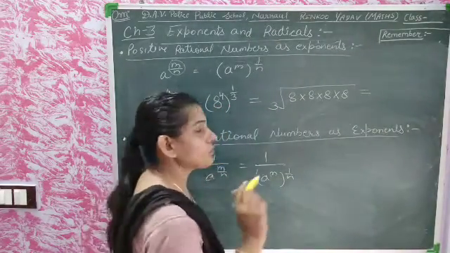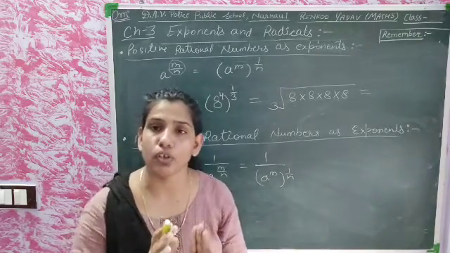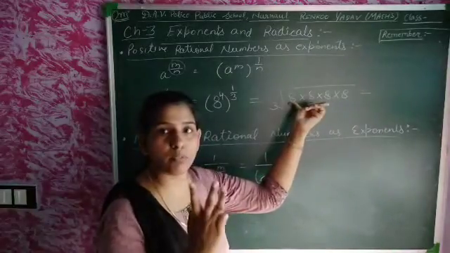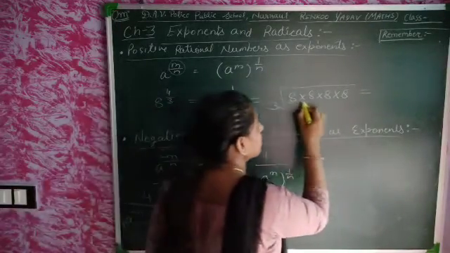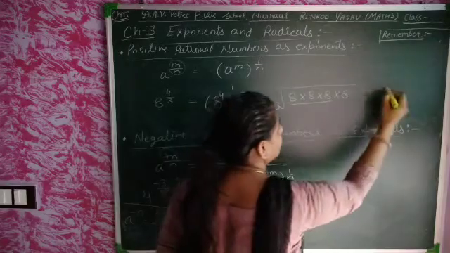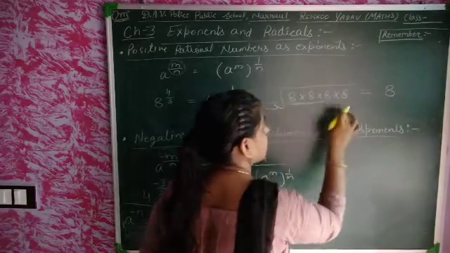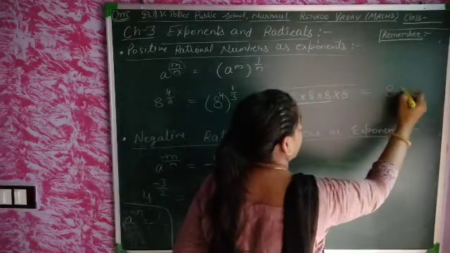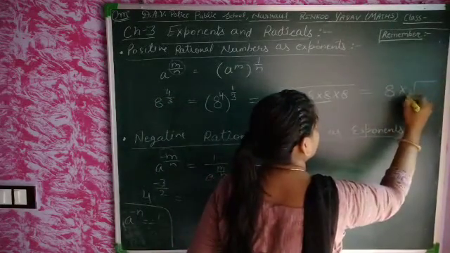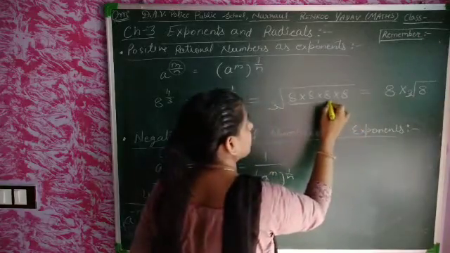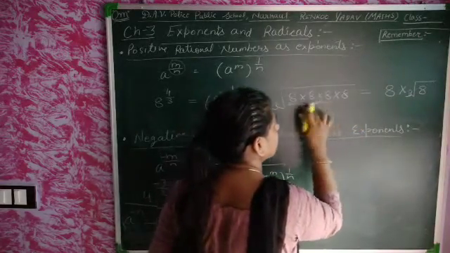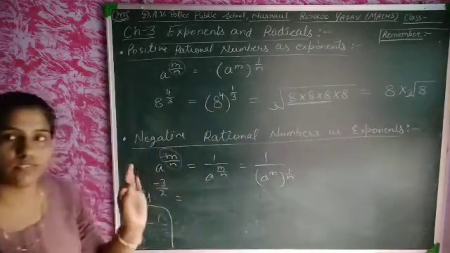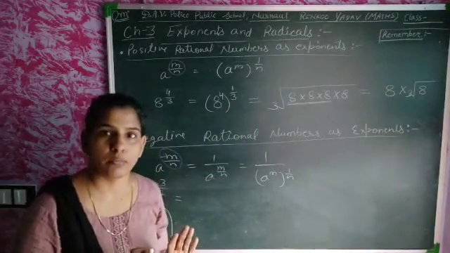We have done the cube root of any number already. For cube root, we pair 3 numbers at a time, and each group of 3 numbers gives 1 outside. So it is the cube root of this into the cube root of this; the cube root of 8 times 8 times 8 is 8.